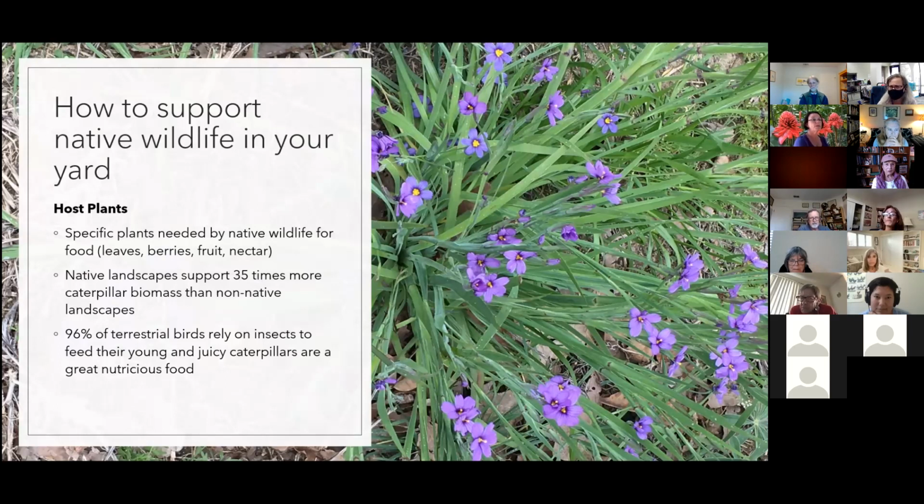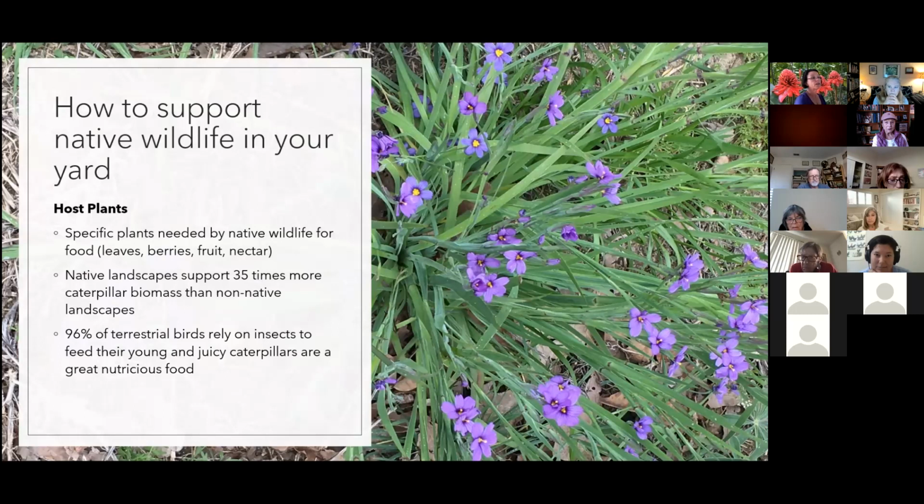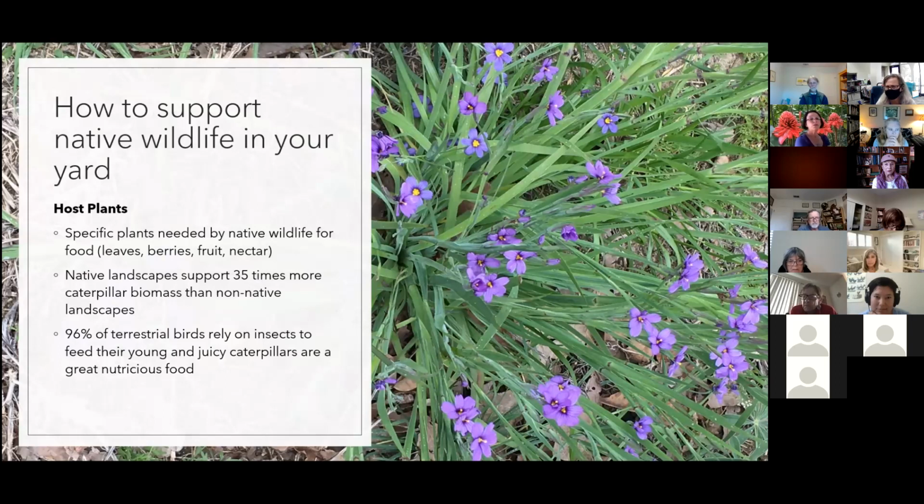So host plants are specific plants that are needed by native wildlife for their food, for example. That can be the leaves or the berries or the fruit or the nectar, or it can also be a specific plant that provides shelter. And we know from extensive research on this that native landscapes provide a lot more, up to 35 times more biomass of caterpillars, for example, than non-native landscapes.